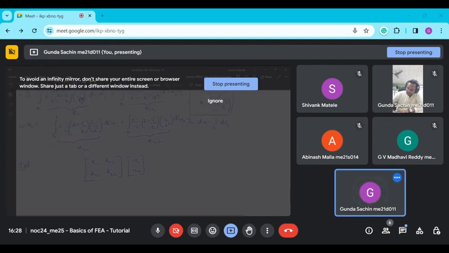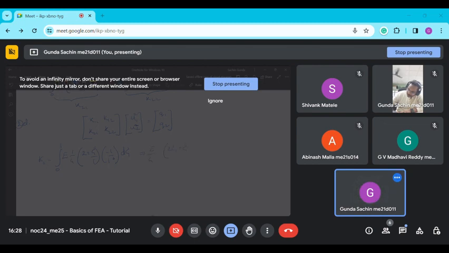Maybe we will just use u1 and u2. We'll keep a superscript 2 just to show that it belongs to the second element. Let's solve for k11. It would be 0 to 1, E times 1 by 4 times 2 plus zeta by L, times 1 by L cubed d zeta.